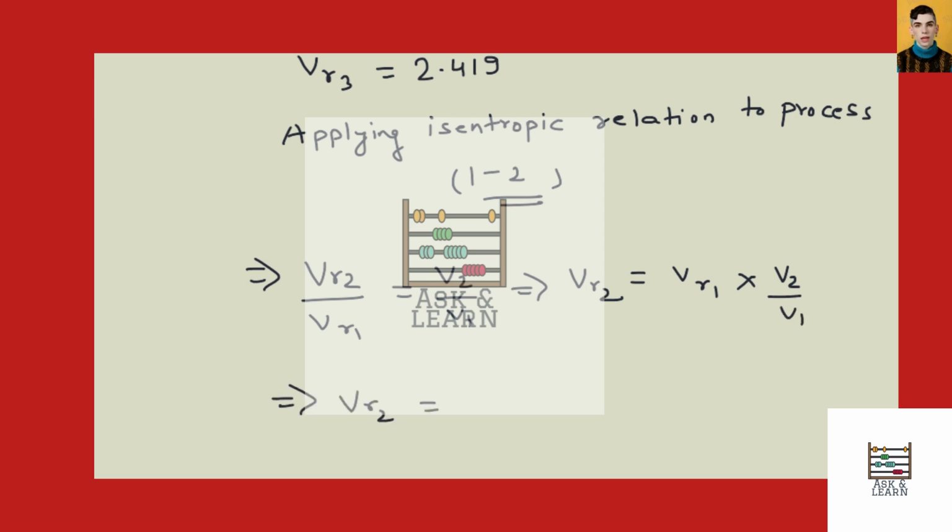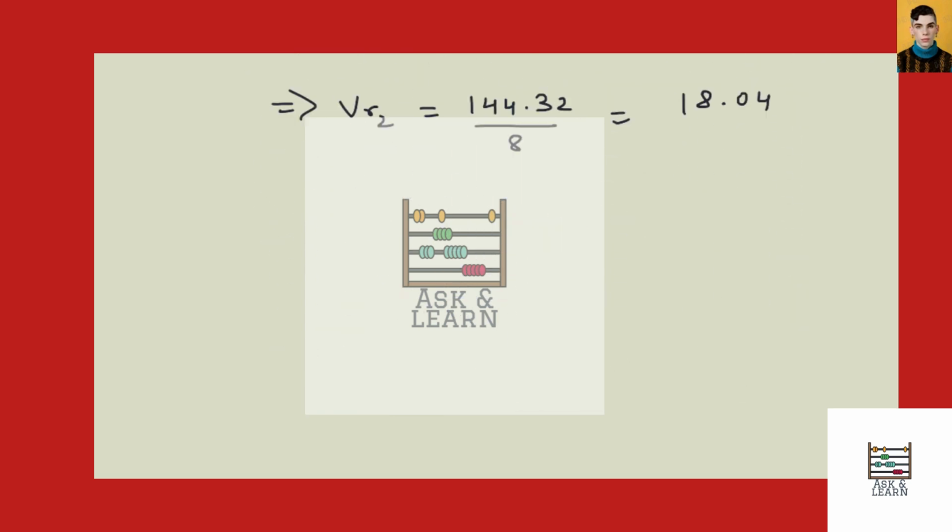So just put the given value: 144.32 by 8 is equal to 18.04.